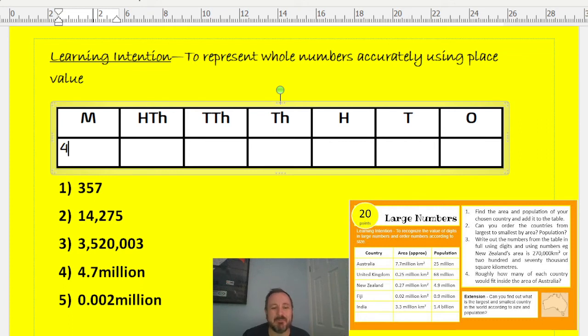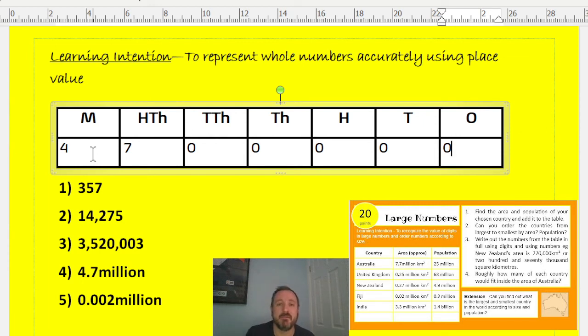So we're going to keep them close together. So they're going to go into columns next to each other. So I'm going to move along, and I'm going to put the 7 into the hundred thousands column. Okay, now that's the only digits we have, but we can't just leave it sitting like that because it still just looks like 47. So we have to then go through and fill in all of the remaining columns with zeros. And the number we had was 4.7 million, or if we read that properly, it says 4,700,000.